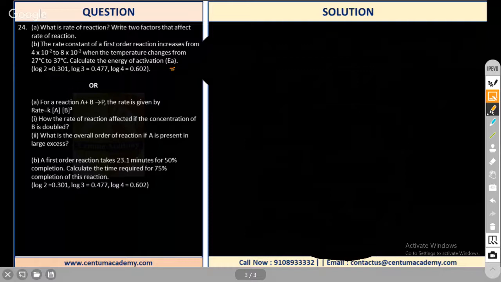Second one. What is the answer for the second one? Why is it first order?